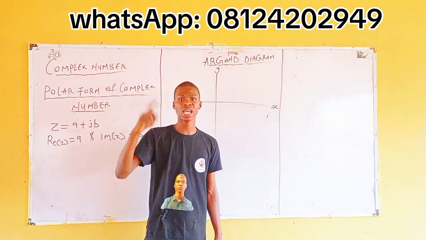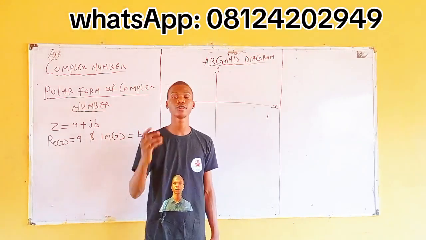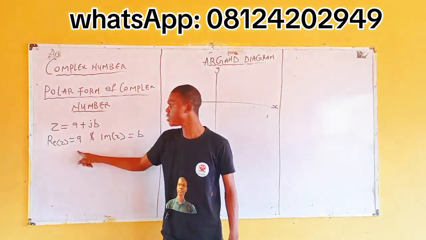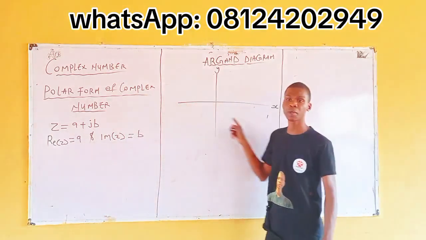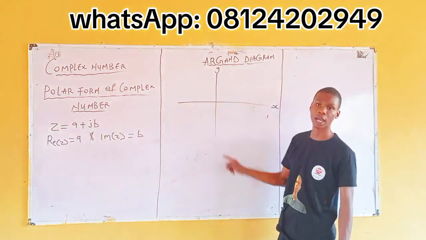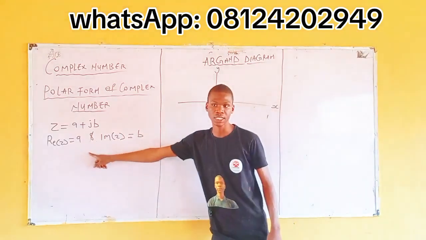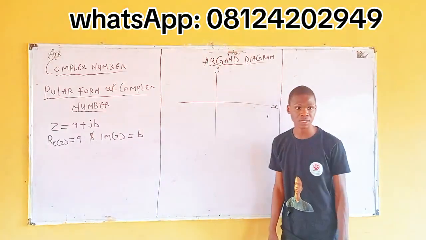But now we are saying that Argand diagram is the representation of complex number in two-dimensional plane. So we want to represent the real part and the imaginary part on this two-dimensional plane, which is x and y. Now x takes the real part of z, y takes the what? Imaginary part of z. Do you understand what I'm saying?